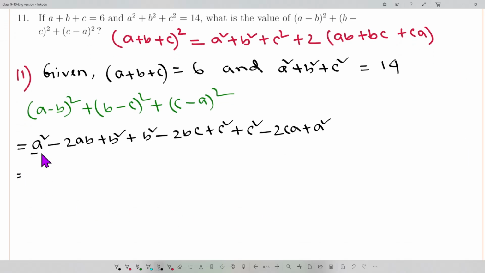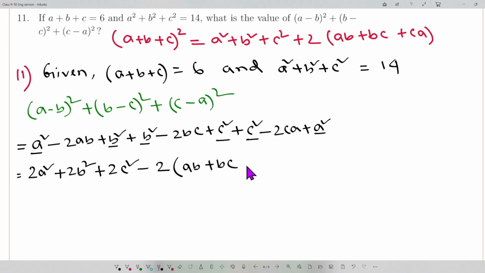Now look, here is a square, here is a square, so 2a square, then b square plus b square, 2b square, and 2c square. Now here is minus 2ab minus 2bc minus 2ca, so we can take common minus 2, so here will be (ab plus bc plus ca).